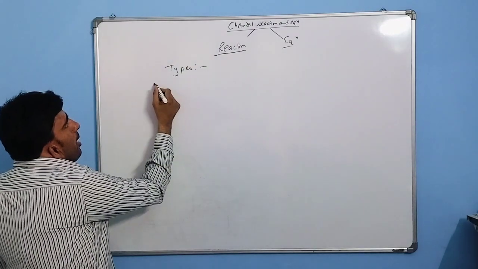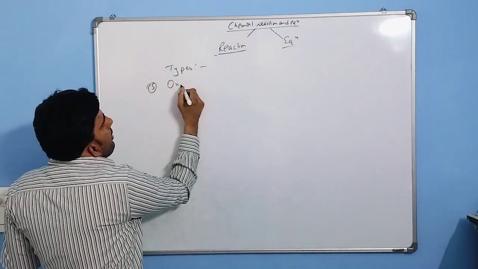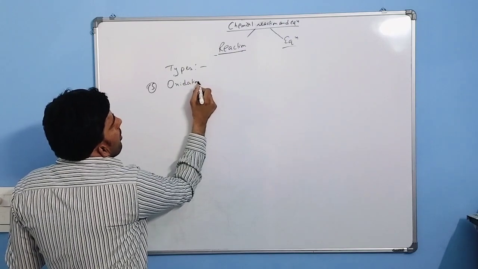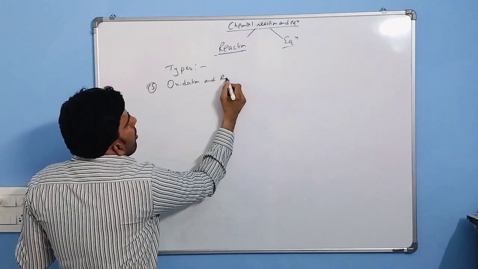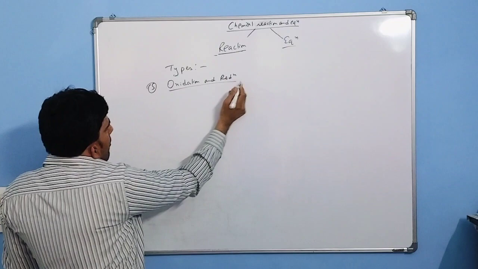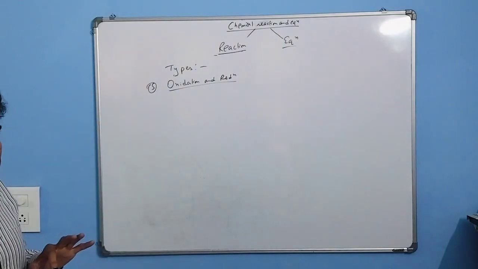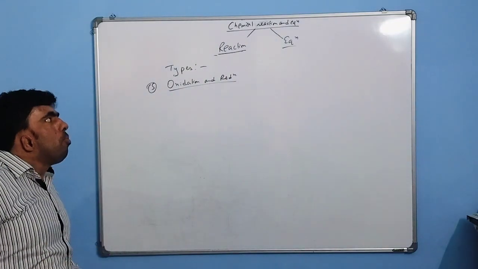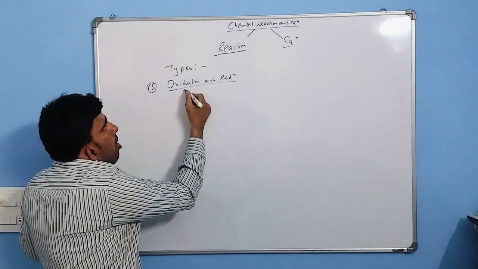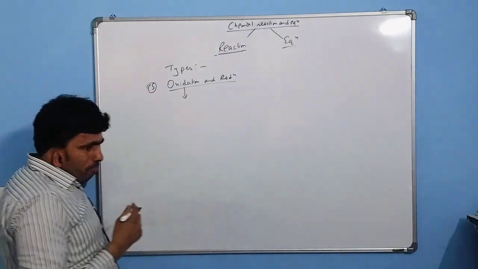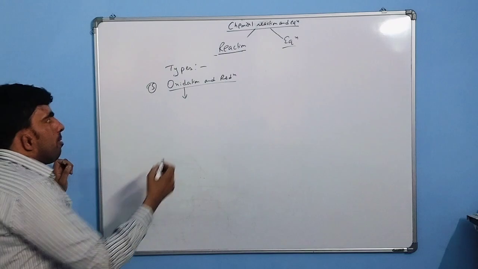The last type of reaction is oxidation and reduction. Now, oxidation and reduction are both different. Oxidation means to add oxygen. How?